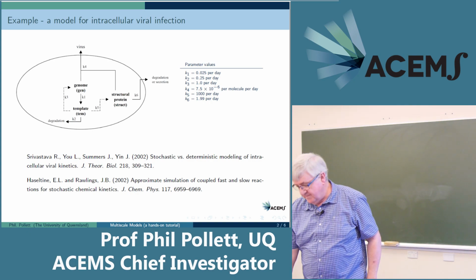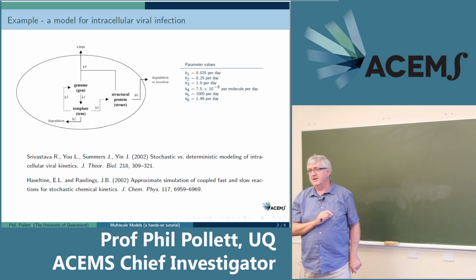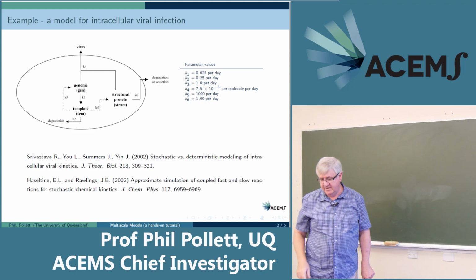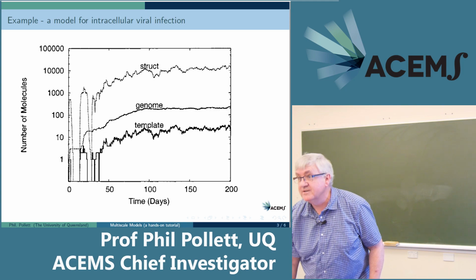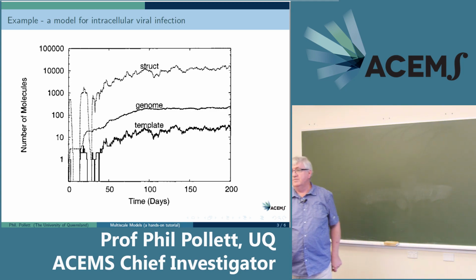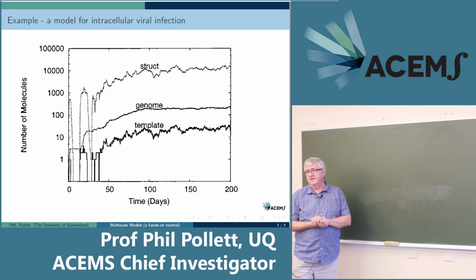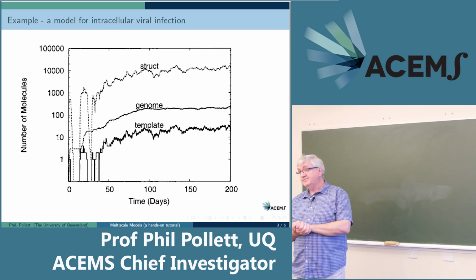Okay, so the first of the papers listed there, they considered how you might simulate a model for this process, and here's the result of one of their simulations. What's plotted here is the abundancy of the structural protein, the genome, and the viral template. And note the ordinate axis is a log scale.